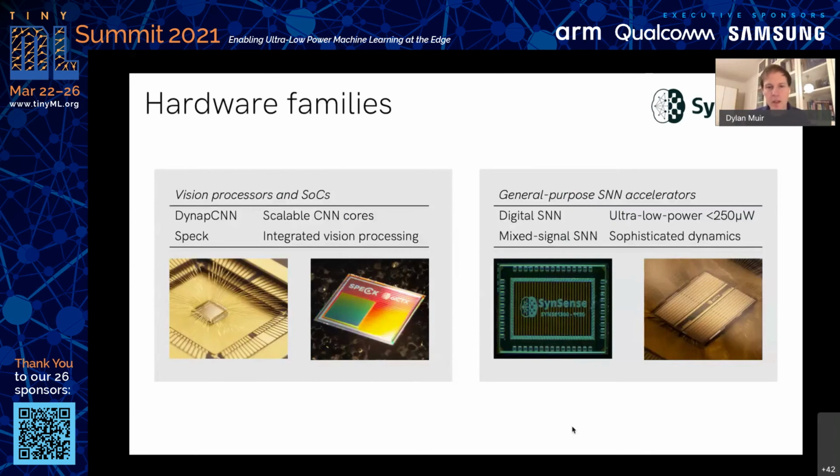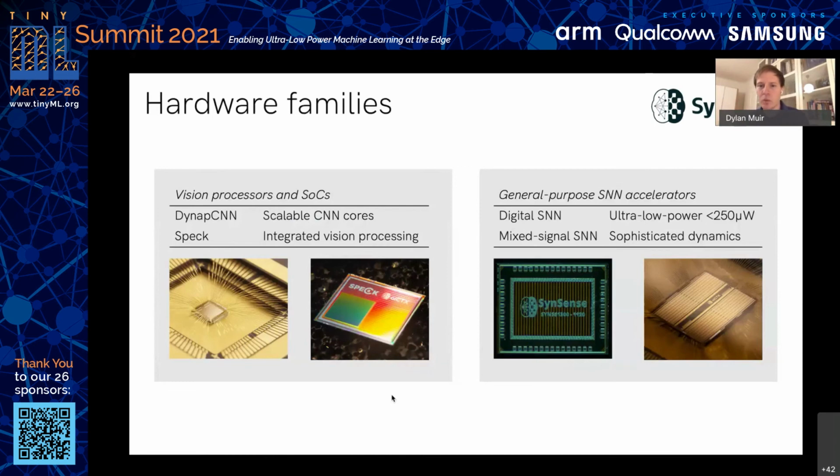We also have SPECK, which is our single chip device that incorporates a low resolution DVS sensor, which you can see at the bottom left. The bottom left of the die is a low resolution DVS sensor, and then the remainder is the convolutional cores. The idea is that this is really a single device vision solution, a smart sensor solution. You can deploy a full vision application in sensor on this.